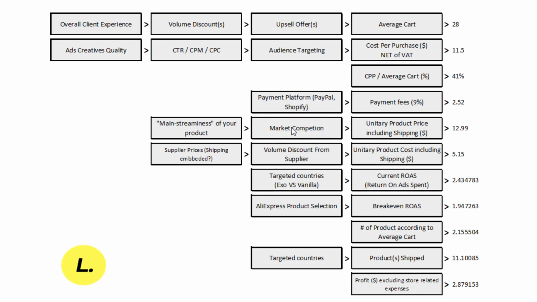So market competition is basically, it's not the same if you sell an appealing product which is not in the market yet versus an appealing product which is already on Amazon, which already has like 20 other Shopify stores selling the same item. So the landscape, the environment, is impacting your profitability, and you have to adapt your price, unfortunately, based on that.